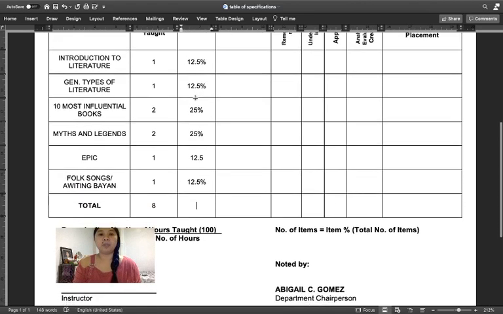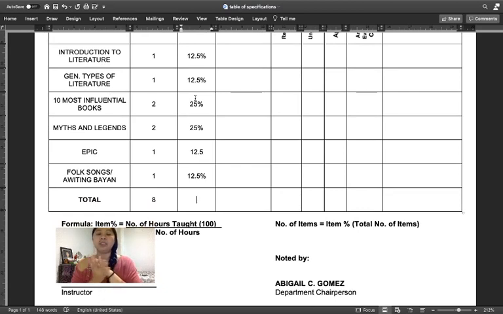If you compute all of these, 12.5 plus 12.5, plus the 12.5 at the bottom, that would be 50%. And then the 25% here would be another 50%. Therefore, your total is 100%.